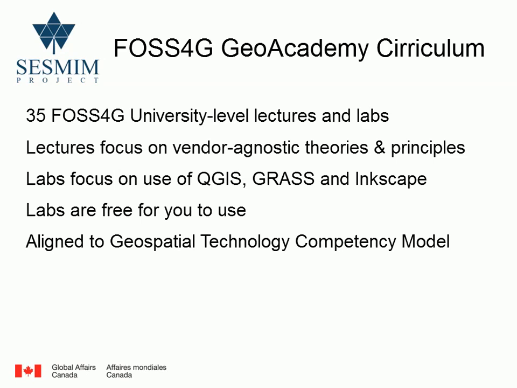The course here is developed on theory without any intention of using any specific product. The labs focus on the use of QGIS, GRASS, and Inkscape, and the labs are free for you to use and distribute. Basically, the course is aligned towards the geospatial technology competency model.